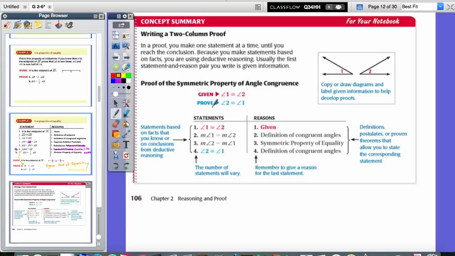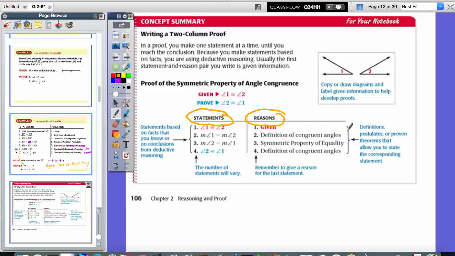And just some things we talked about, you always have statements on the left, reasons on the right. You number them. The first statement goes under your first statement and the reason for it is given. What you are trying to prove is always going to be your last statement. Okay? These are going to be using deductive reasoning skills.